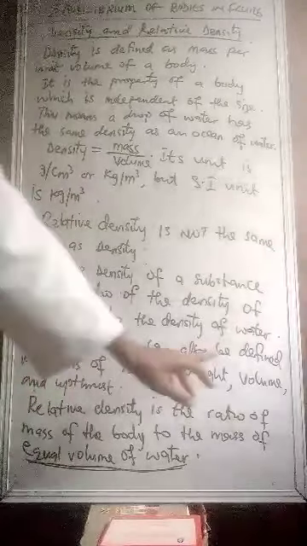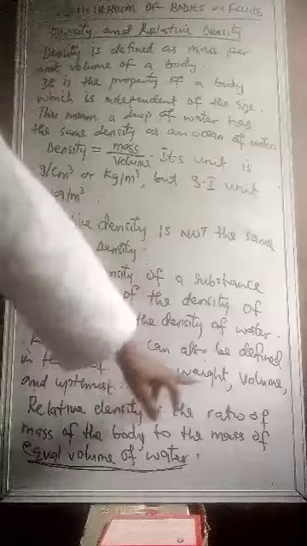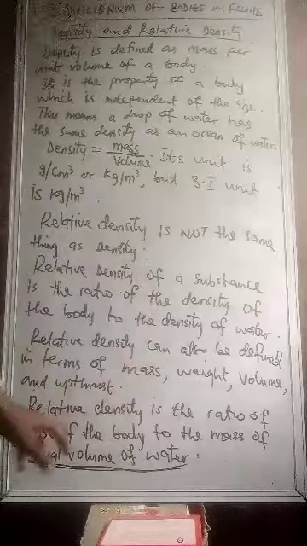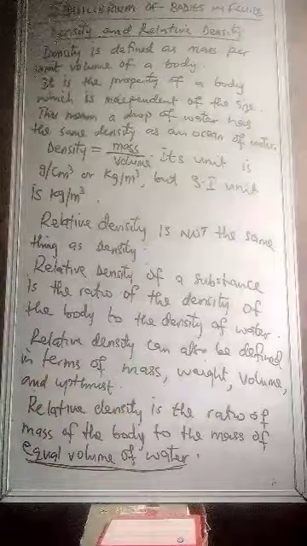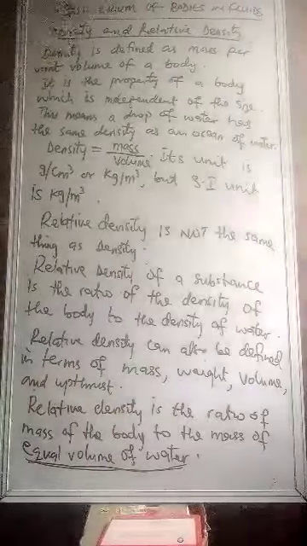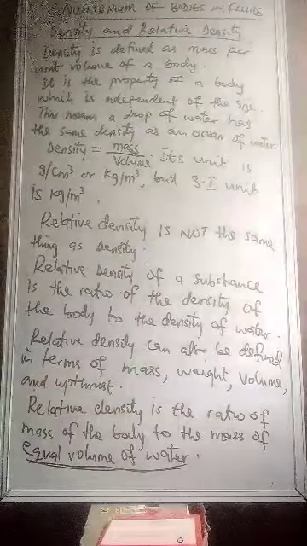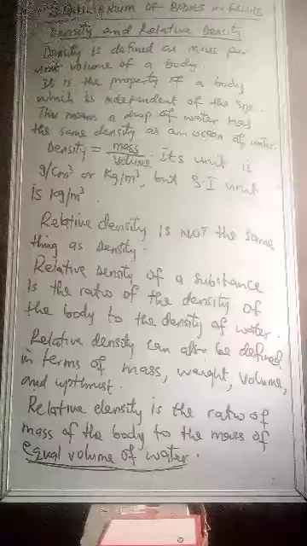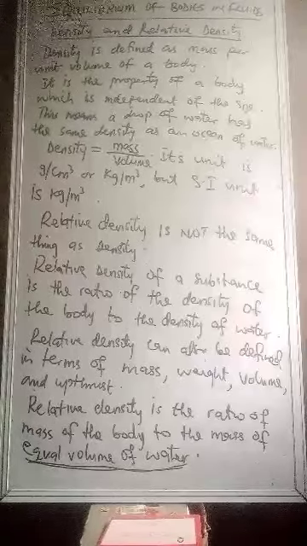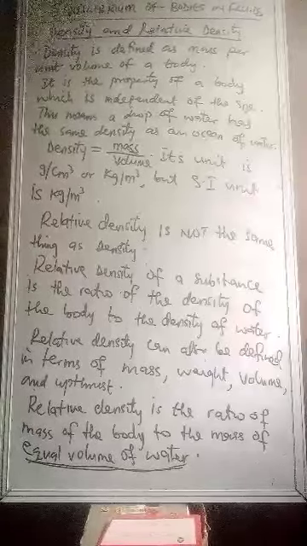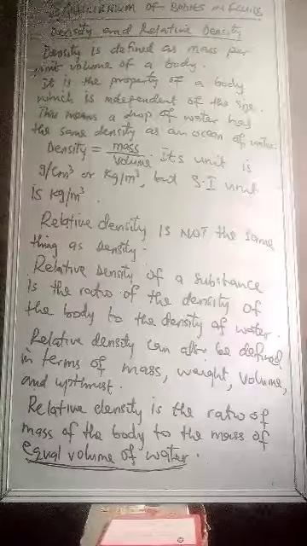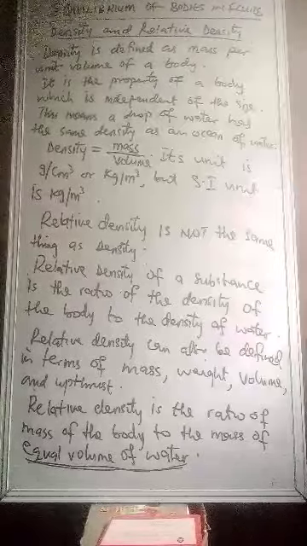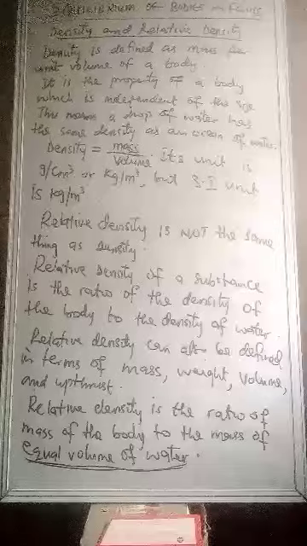But when I use mass, or even weight, I must mention equal volume of water. Why? Because the body must displace a fluid whose volume must be equal to its own volume. Of course, I stated this also in the last video.